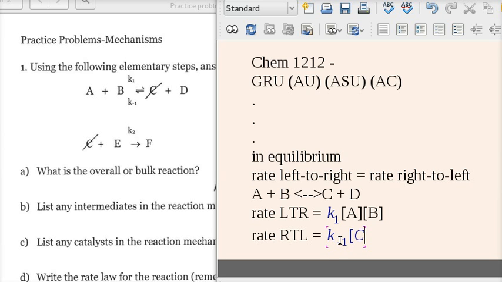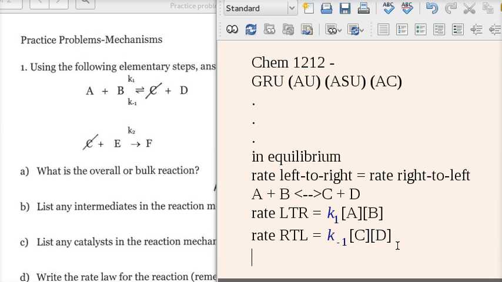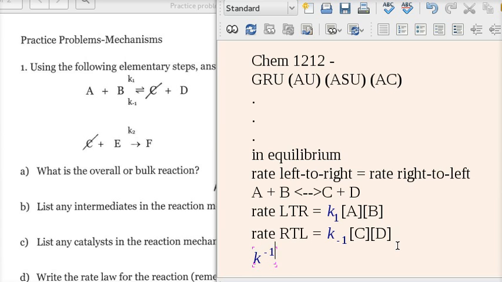And then for the other direction, same rules. So there's k sub negative 1. It doesn't mean you do any math to it, like it's not the same as k to the power of negative 1. That would be 1 over k, and that's not what it means.